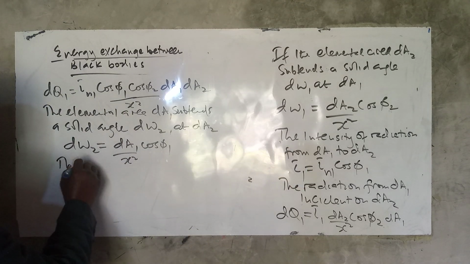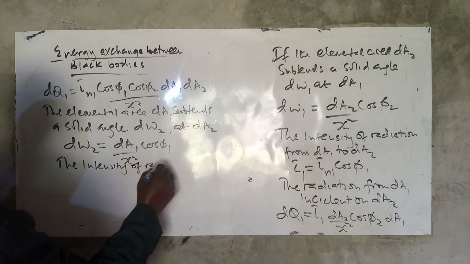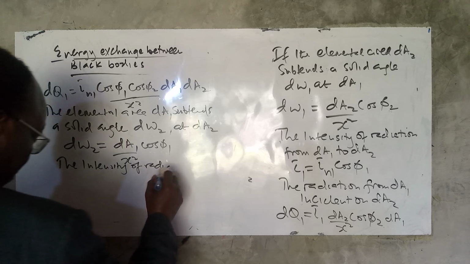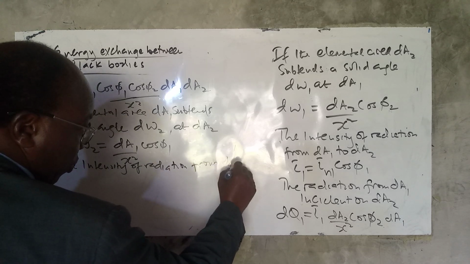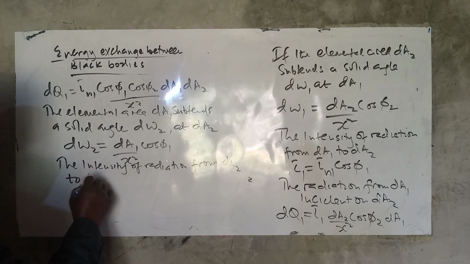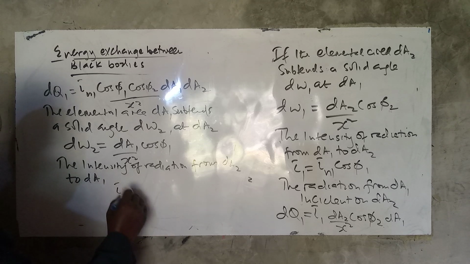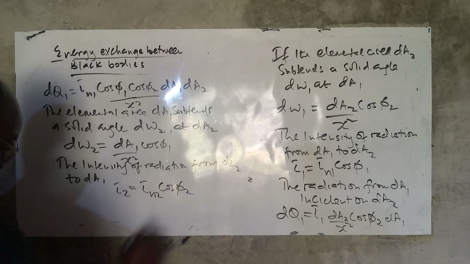That's the intensity of radiation from dA2 to dA1, which is again given by I2, which will be IN2 cosine phi 2.